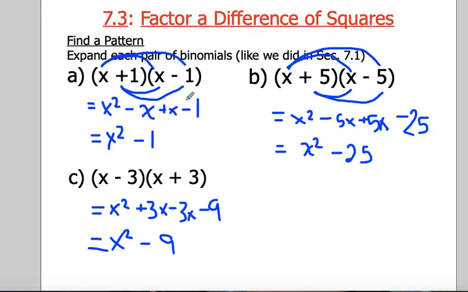When we expand, we get a squared variable and a perfect square. So the square root of 1 is 1, the square root of 25 is 5, the square root of 9 is 3. But these are separated by a subtraction sign. This is the difference of squares.